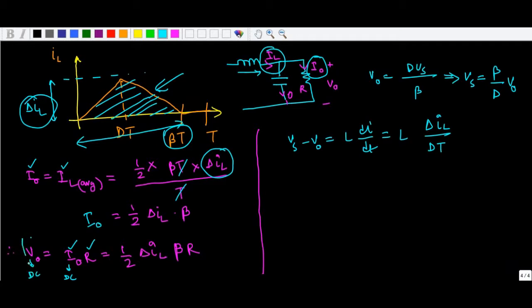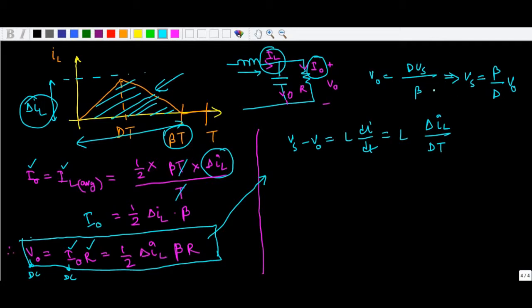So we have V output equals half into del IL into beta into R. We will use this later. We also know that the output voltage is dVs by beta. So from here we can say Vs equals beta by d into V output. We will use this at this point.